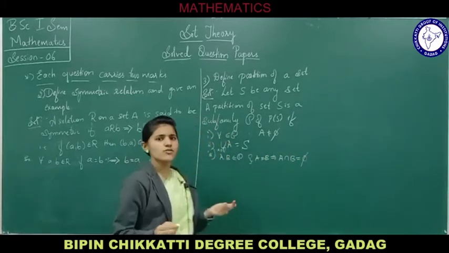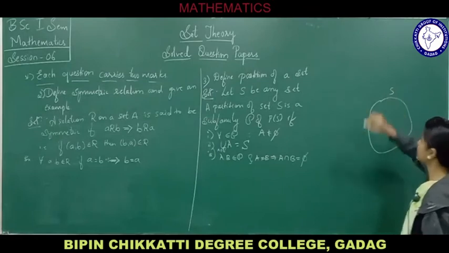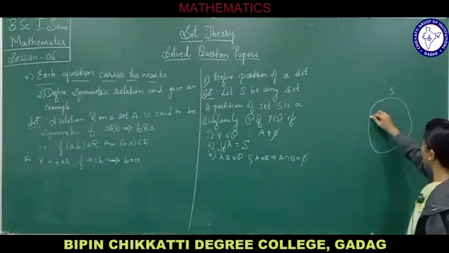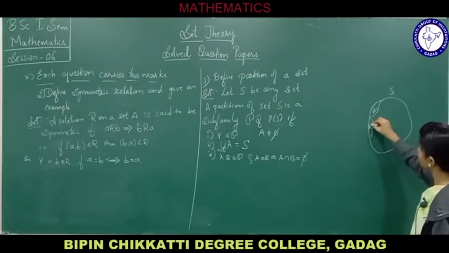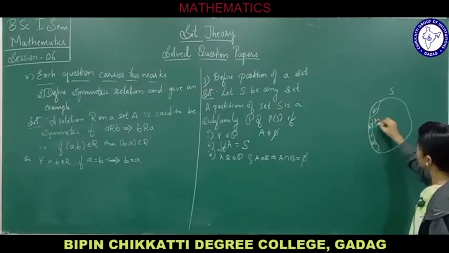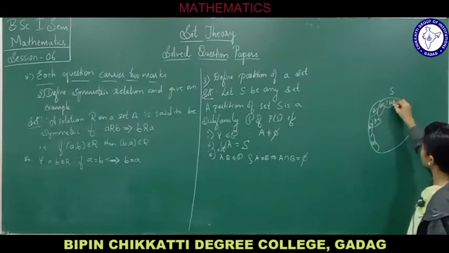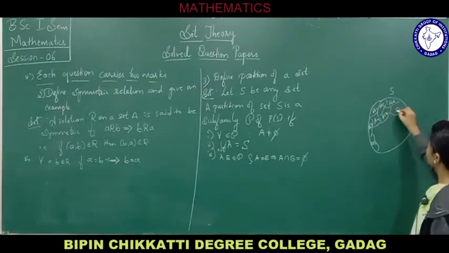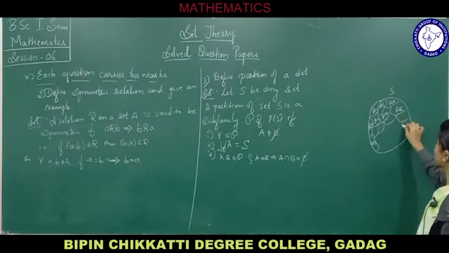Suppose this is the entire set S. It should have a subfamily like A1, A2, A3, A4, A5, A6, A7, A8. Entirely it should be of different elements.